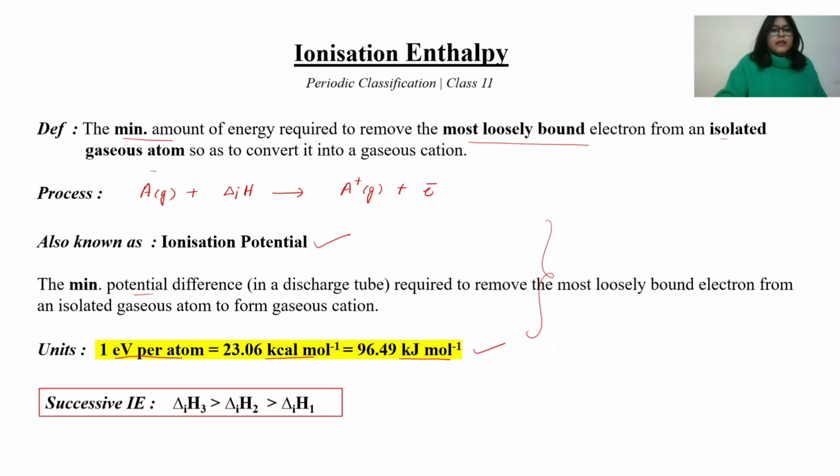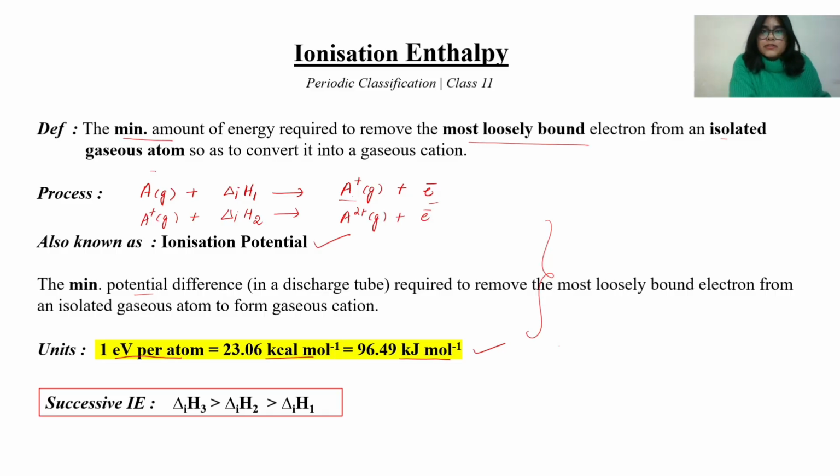So remember that. The next thing you need to remember is successive ionization enthalpy. This is the first step, the first electron that is getting removed. The minimum energy required is, to be more precise, delta IH1, the first ionization enthalpy. If this A plus loses one more electron, that is A plus gas, this time it is the second ionization enthalpy to lose a second electron to form A2 plus gas plus electron.